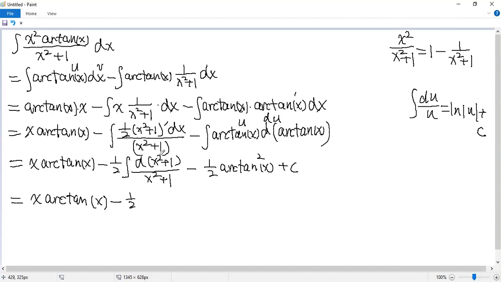We can view x squared plus 1 as u, so we get ln of x squared plus 1. Here, we don't need the absolute value sign because x squared plus 1 is always positive. So minus half arctan x squared plus c. That is the final answer.